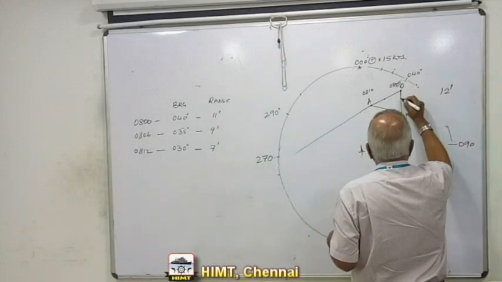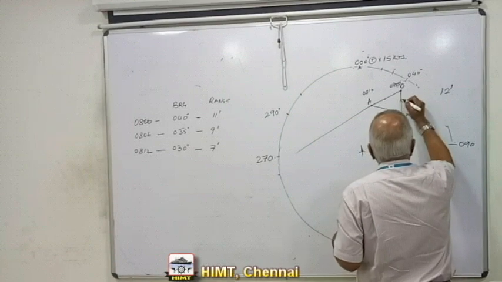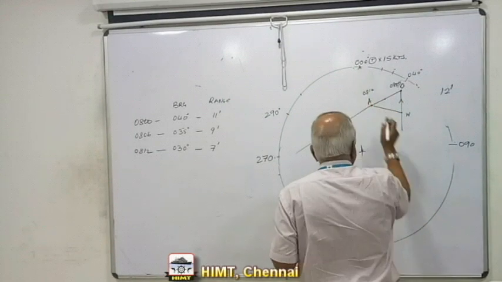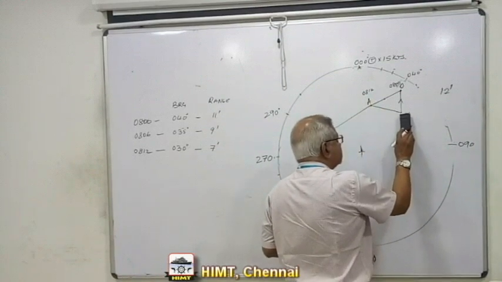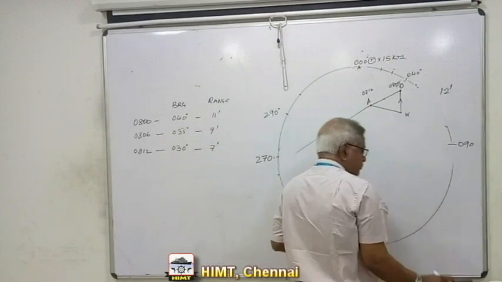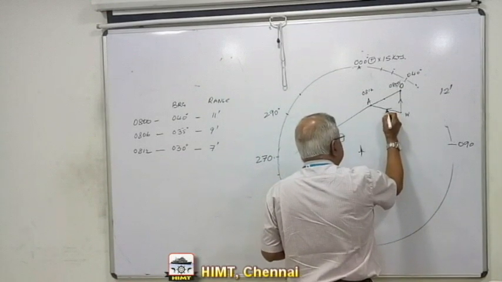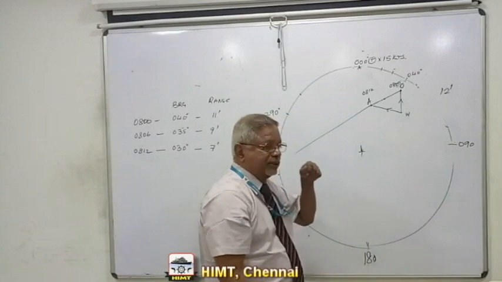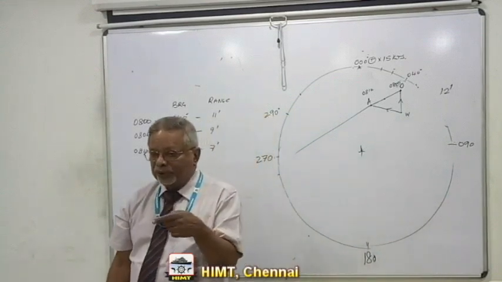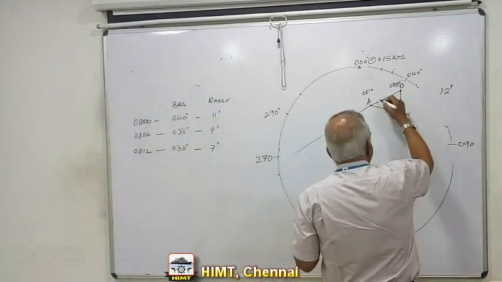Now these must be marked with arrows. Your own ship WO is heading 000. So this is the direction WO. The target is heading in this direction, so this is WA. And as far as OA is concerned, since it is a combination of your own motion and the target's motion, it is marked with 2 arrows.